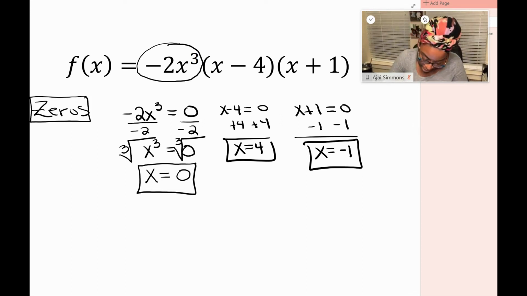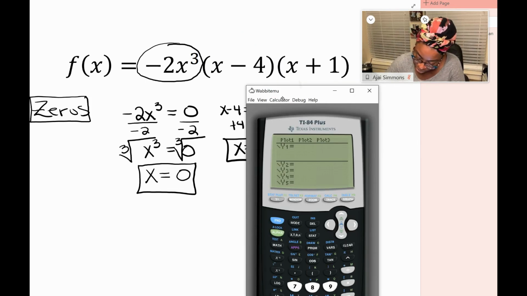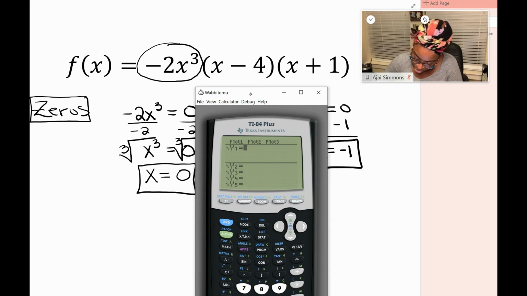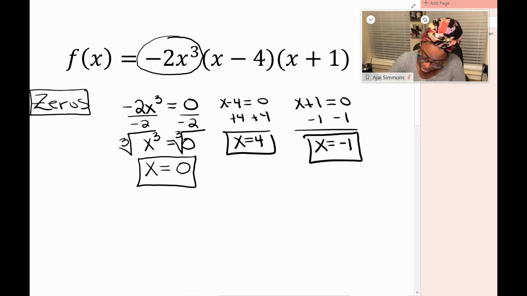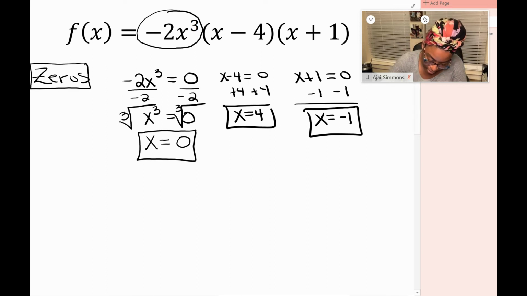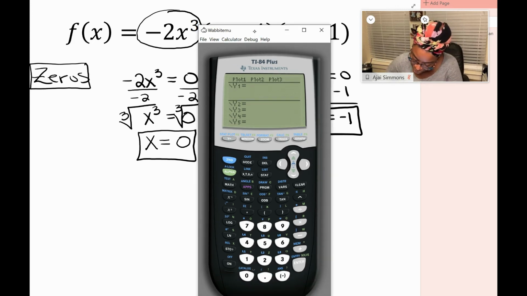So let me put this into the graphing calculator. Be patient with me because I have to key this in. Be patient with yourself too when you're doing this, because this is not easy to put in. Let me actually move this up so I can see. Okay. I'm going to put this in exactly how I see it. I got to put negative 2. So the negative is right below your 3.